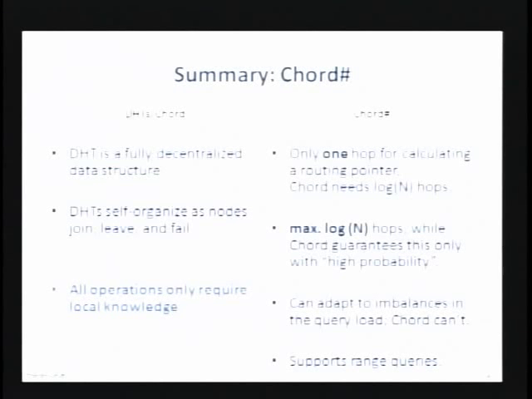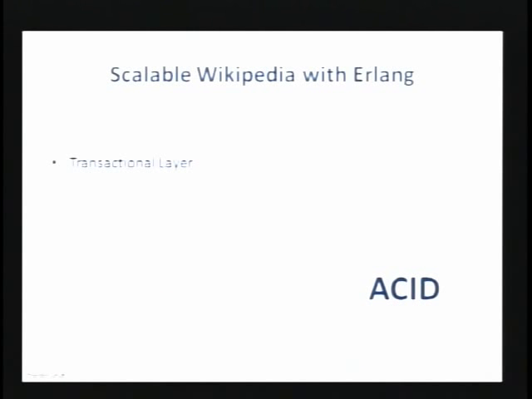The system supports range queries, but we are not using range queries here directly, but in a more indirect way, but I come to that in a moment. So the problem with DHTs is you can't really use them, because when you want to update items, you can go to the node, but there can be slight errors in your overlay, and you think that this node is responsible for the item, but actually he's not.